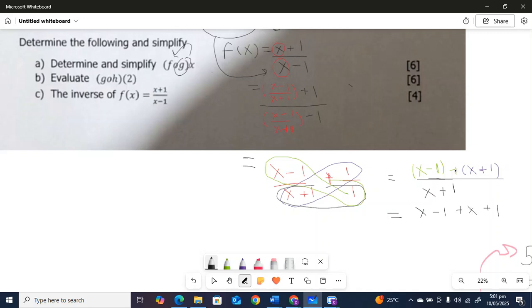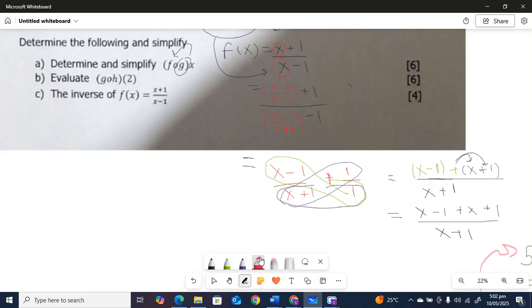When the sign is positive in front of these brackets, you can leave it, because it's just the same as saying 1 times x, that is x, 1 times 1, that is positive 1. But when the sign is negative, what's in the brackets changes. So you just add like terms together.